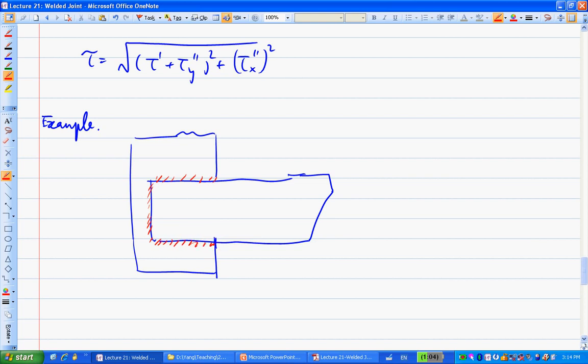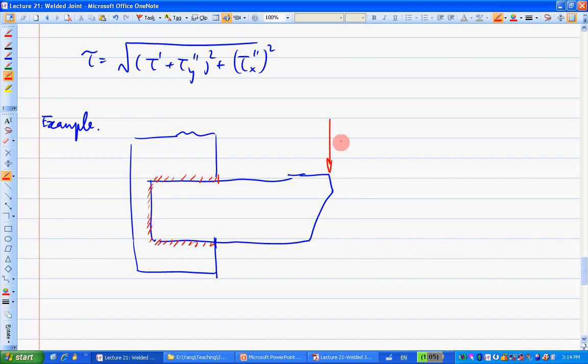That's where you do the weld. Suppose there's a certain leg length. That's not the point. I just want to show you how to use a table to calculate the primary and secondary shear, right?